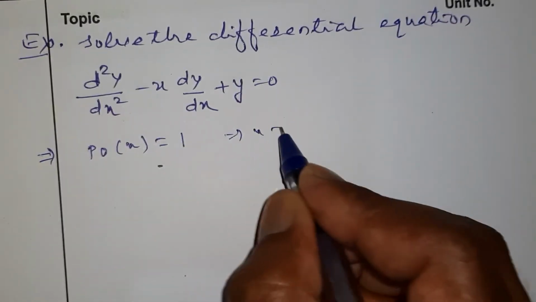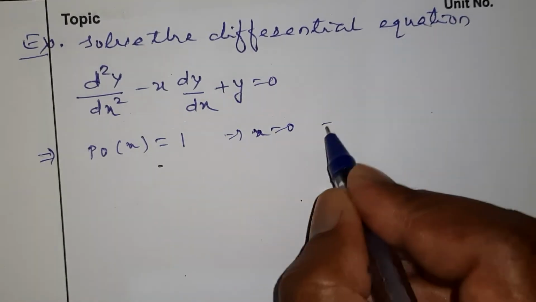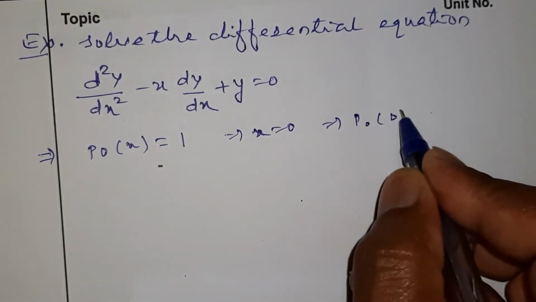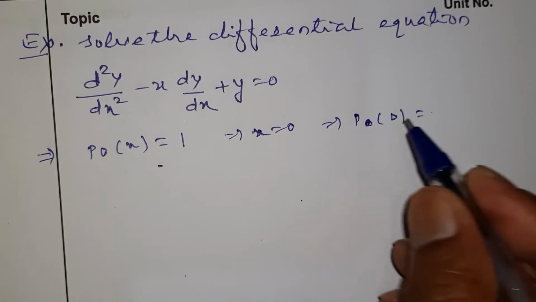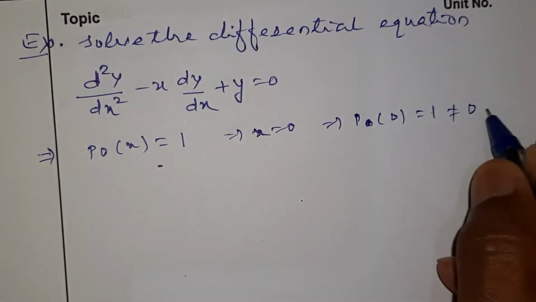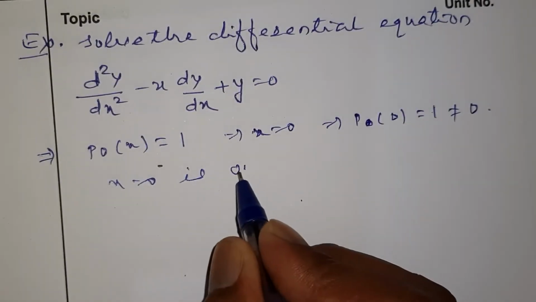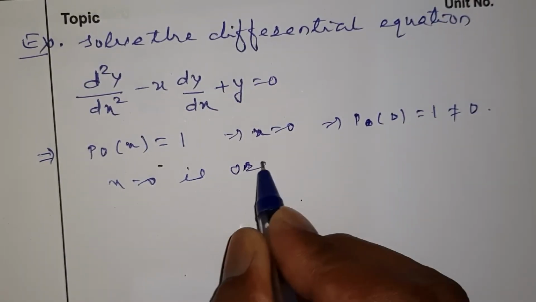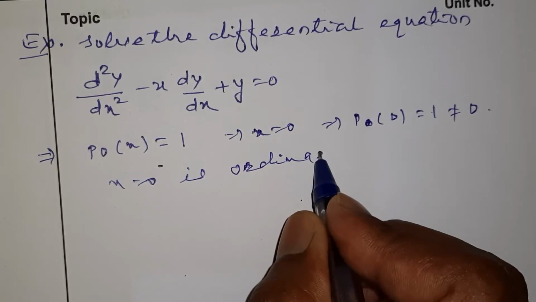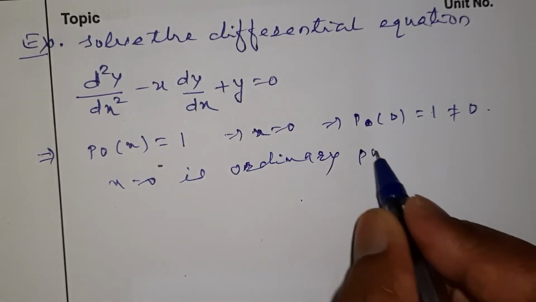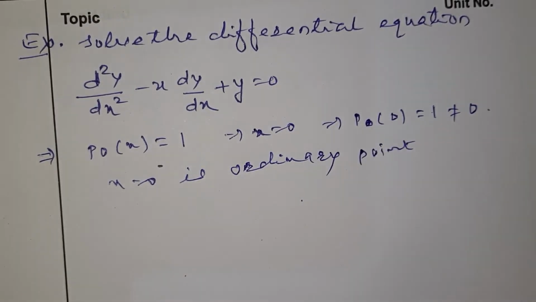If I put x equal to 0, then I get p0 of 0 is 1, not equal to 0. Means x equal to 0 is our ordinary point. Understood it? So our point is an ordinary point.